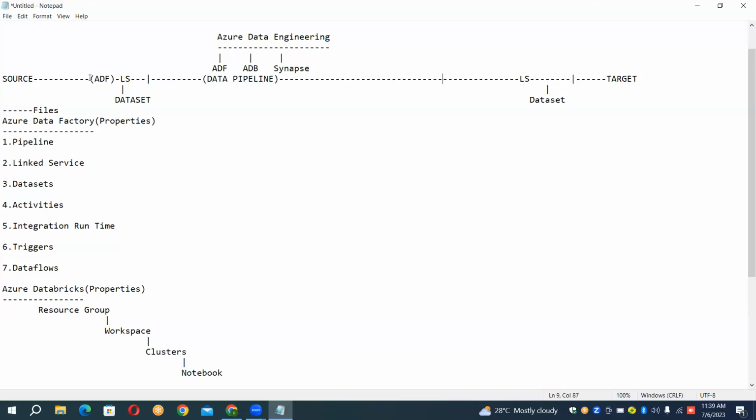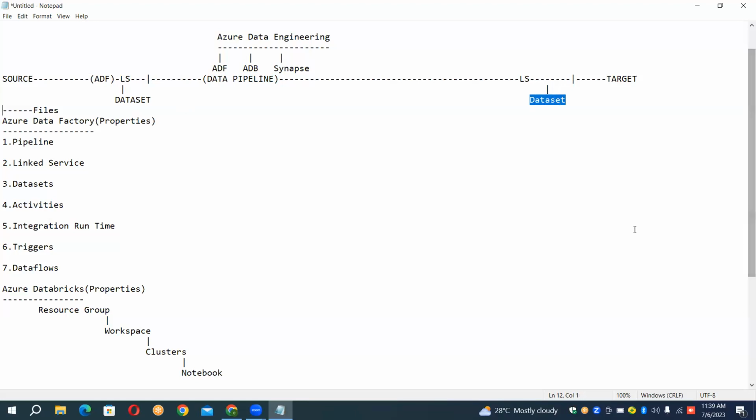And here at the end, what happens? The same at the target, whatever target you have, whether it is a data lake or something else. Again, the data is stored in the form of a data set.